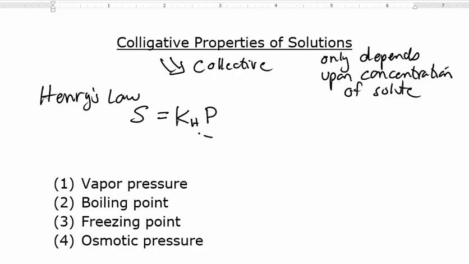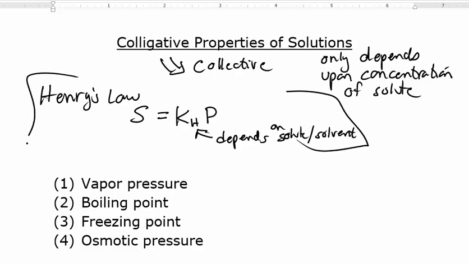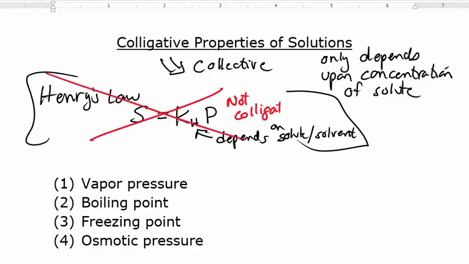That constant, K sub H, does depend on a particular solute and solvent combination. It's different for every particular solute and solvent. So we're going to say that Henry's law is not colligative. But that's an example of one that is not.